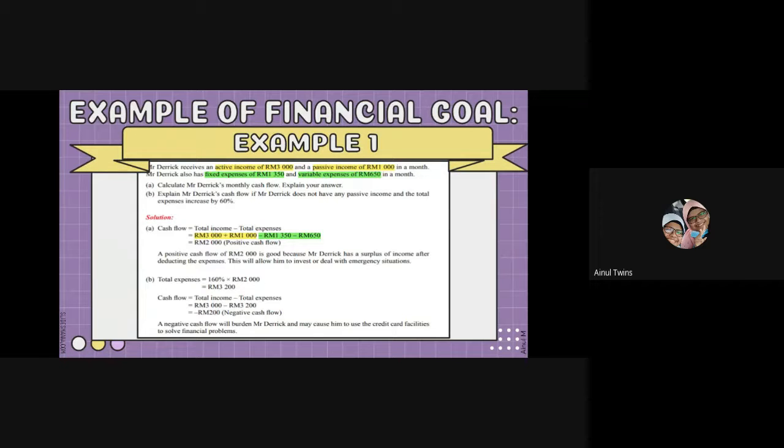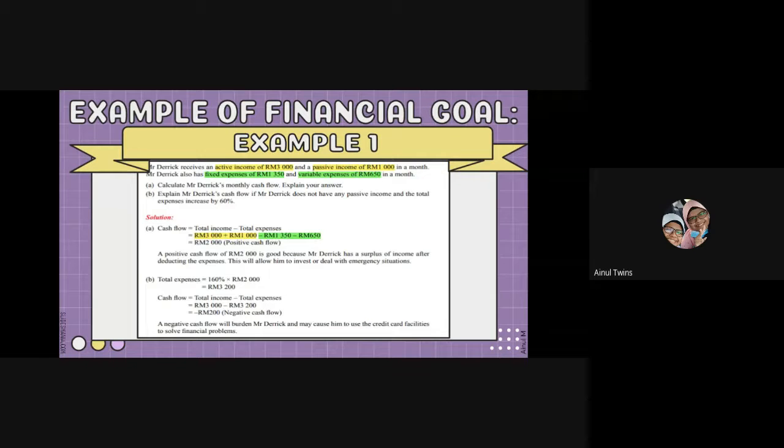So to calculate this, look at the yellow highlight. There is the total income, and the green one is the expenses. So 3,000 plus 1,000 is the total income, and we must minus the expenses. That is 1,350 ringgit plus 650, and we will get 2,000.